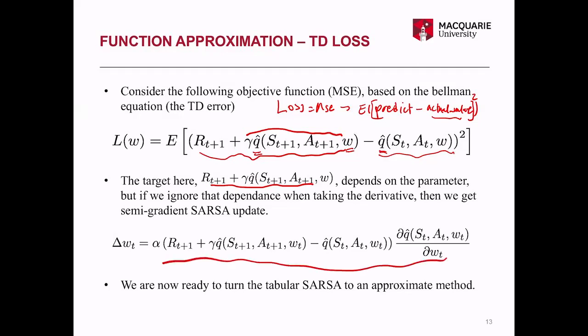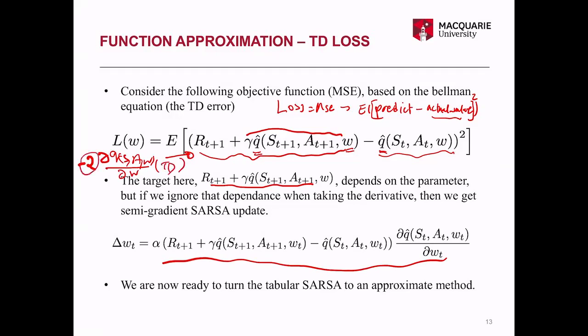Then we get this, as a result of taking the gradient, we get to this formula here, right? So if I actually take the gradient of this, it will be -2 times the gradient of Q(S, A, W) with respect to W, and then the entire TD error, right?